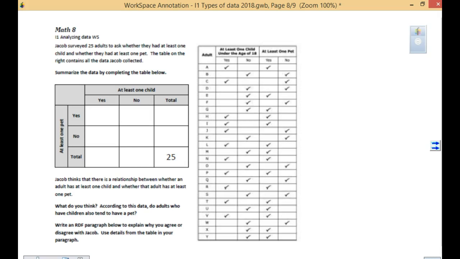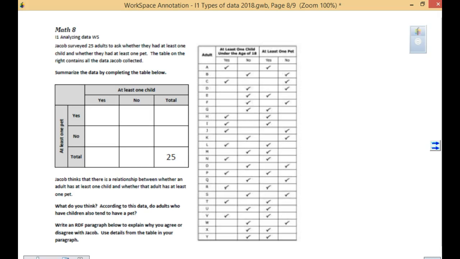But in this one, these were the 2 questions they asked. It tells you in your homework that they surveyed 25 adults and asked them whether they had at least one child and whether they had at least one pet. So it was a yes/no question, right? Do you have at least one child under 18?